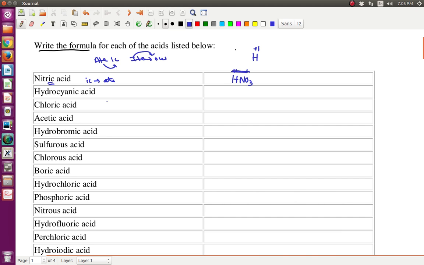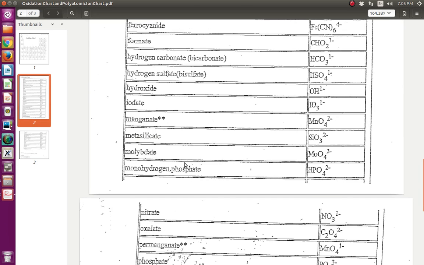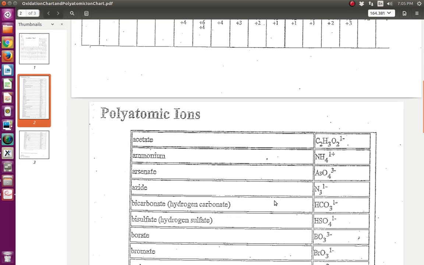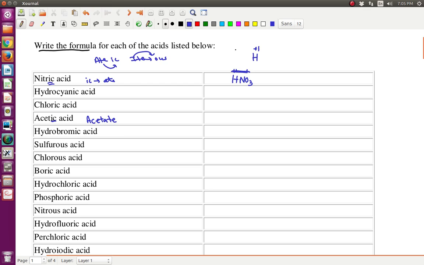Okay, let's look at acetic acid. Acetic would be acetate, so we have to find the acetate ion. The ic comes back to ate. Ate-ic, ite-us. On your chart, acetate should be close to the top, and it's a big one: C2H3O2 with a -1 charge. Let's write that here.